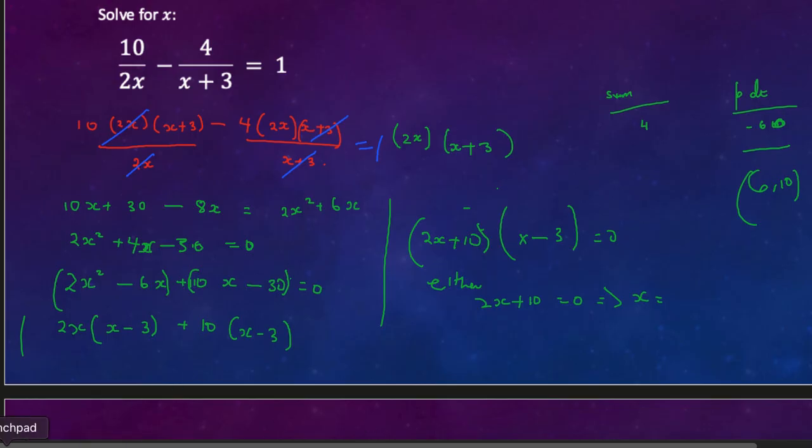Yeah, so our x will be negative 5 here, like we got in the first situation, and then x minus 3 will be 0, implying x is 3. Okay, so this would be the solution. The solution is negative 5 and 3, two answers.